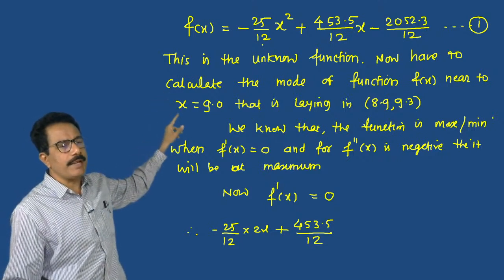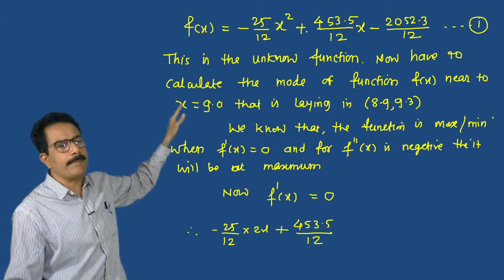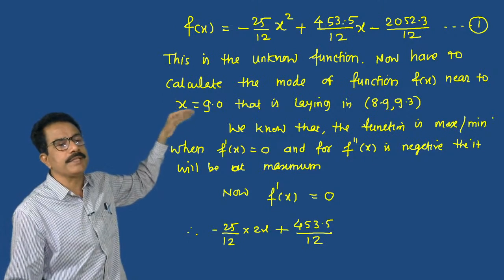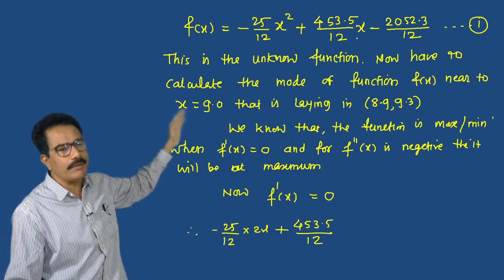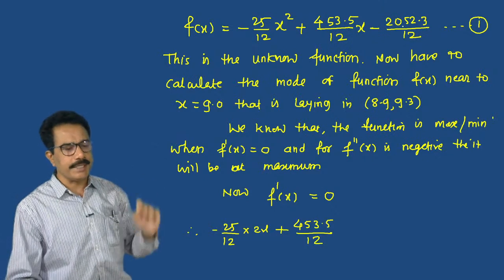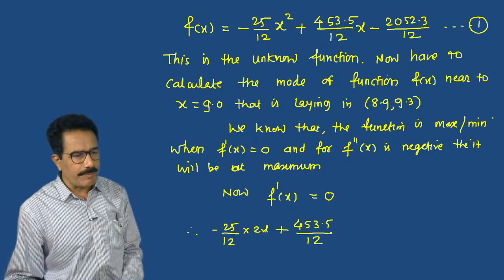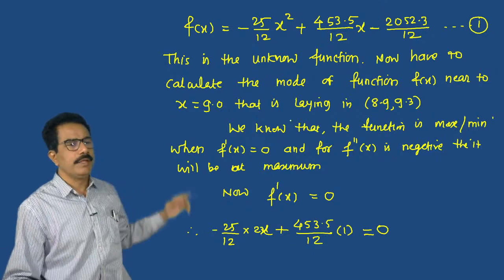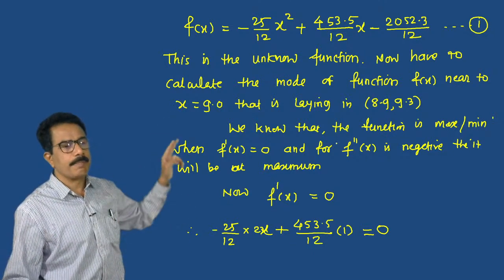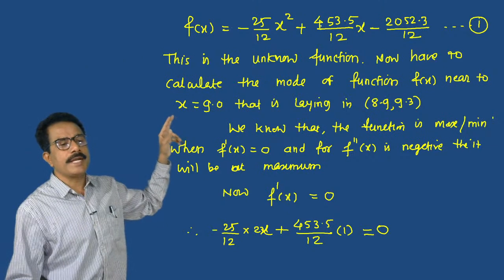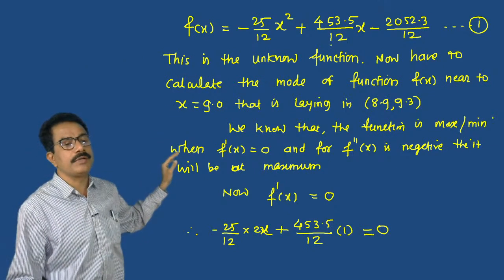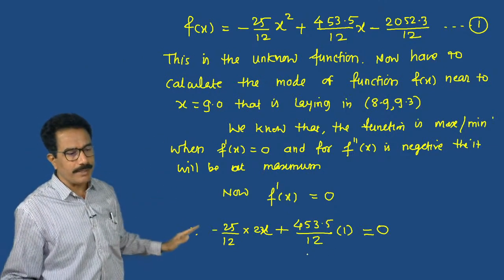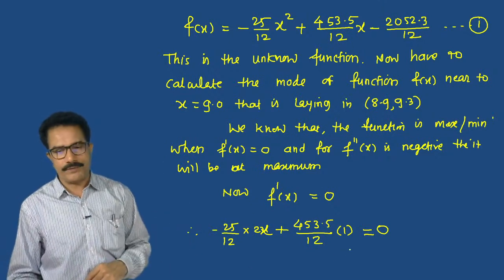Minus 25 by 12 x square plus 453.5 divided by 12 x minus 20. Now see the derivative of x, which is 1, and the derivative of a constant is 0. The derivative of x square is 2x, and 453.5 divided by 12 into x, derivative of x is 1. This is the value of f dash of x.